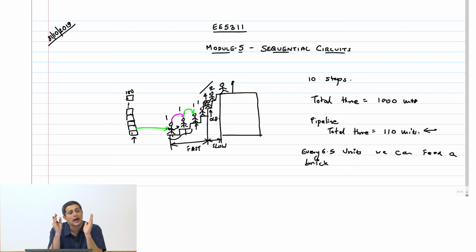And this way, instead of sending bricks every 10 units of time, which I told you was the safest way to do it, where each guy is not worrying about something coming and overwriting the existing state, I can now send one every 6.5 units of time.